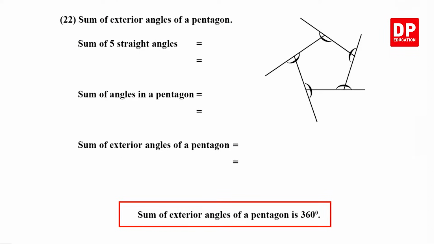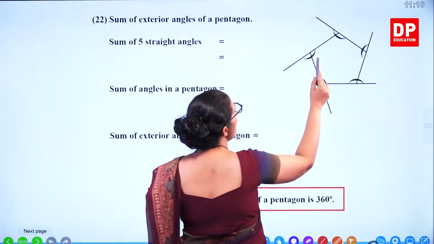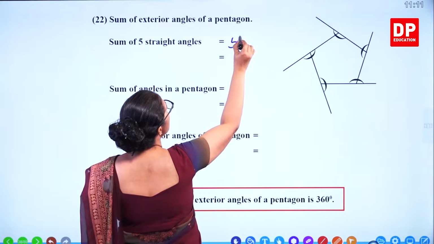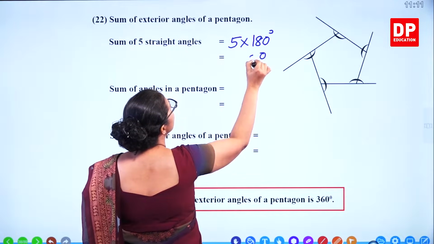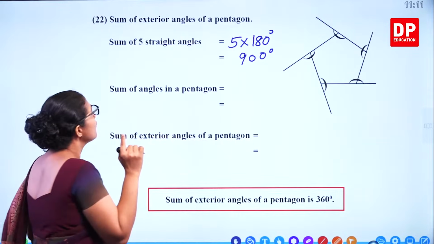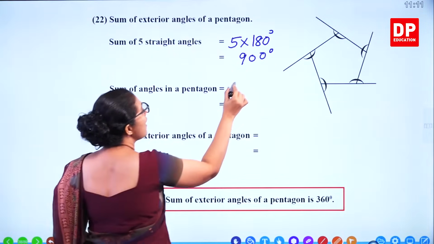Sum of exterior angles of a pentagon. How many straight angles are there? 1, 2, 3, 4, 5. 5 times 180, 900 degrees. So what is the sum of angles in a pentagon? We found that before, 540.